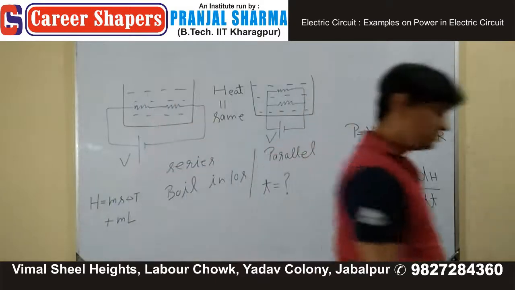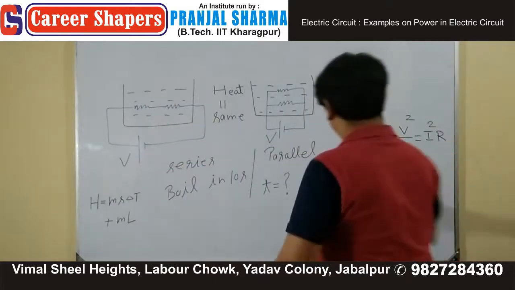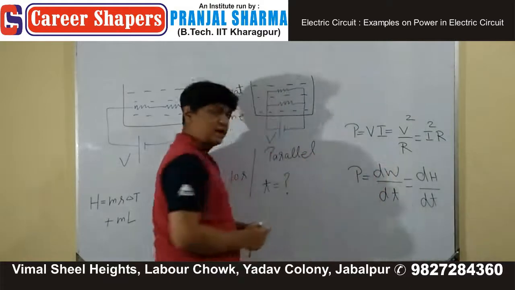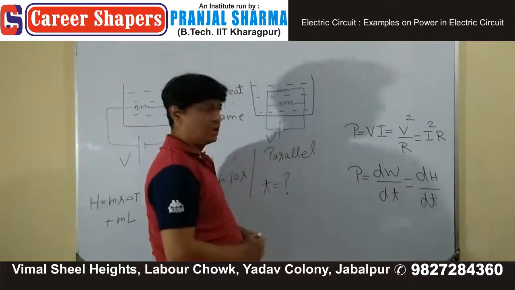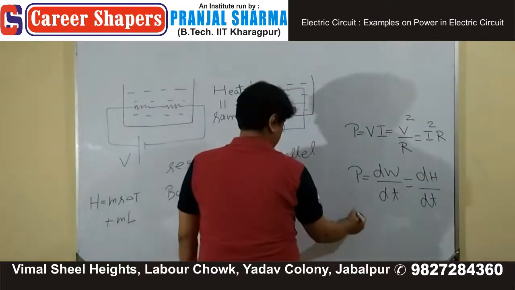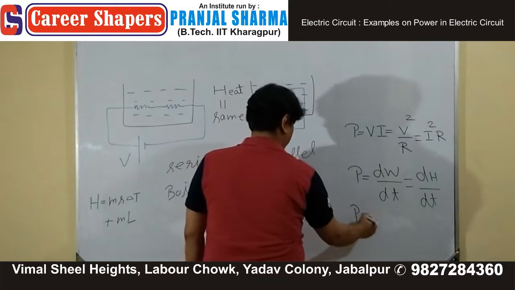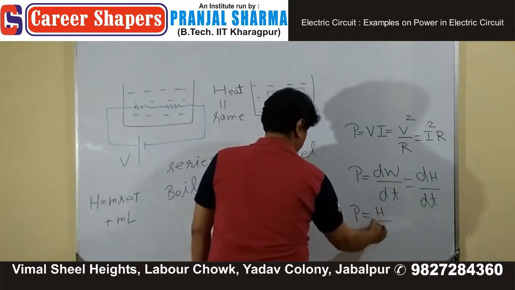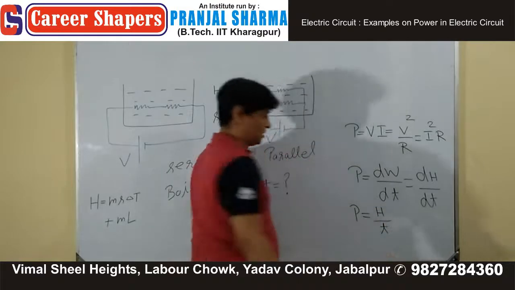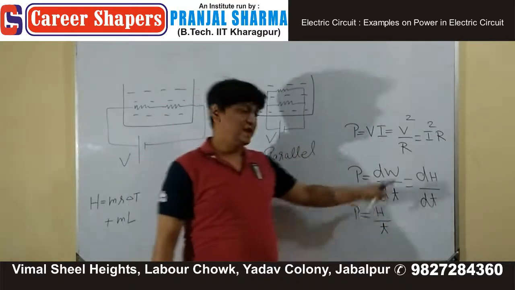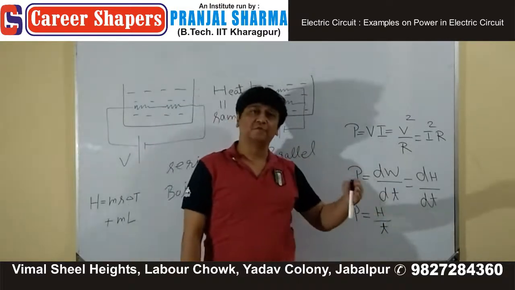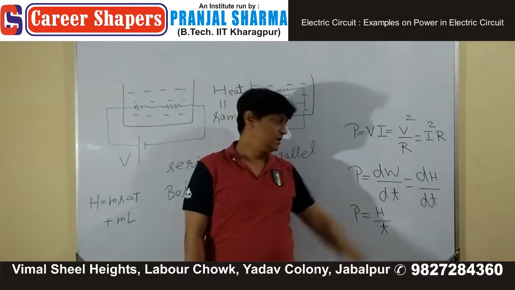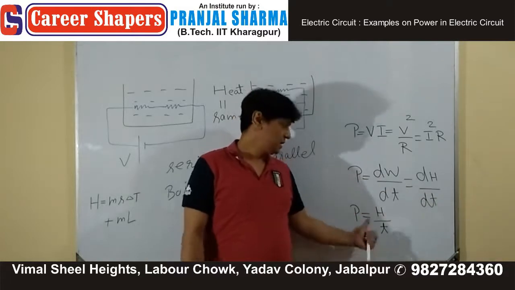So, once you have P equals to dH by dt, we can, for the given profile, take it as H upon T. You will take dH upon dt when you have to have differential formats and all. But right now we are interested in what?